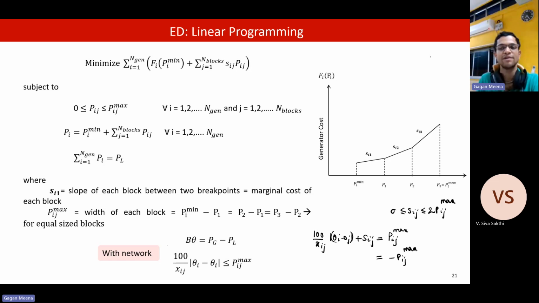That means reverse power. Because we are using absolute value here, because if there are two nodes, i and j, power can either go this way, or it can also go from j to i. If it is considered positive, then j to i will be negative. For that, we have included this, and this can be written like this using this slack variable.